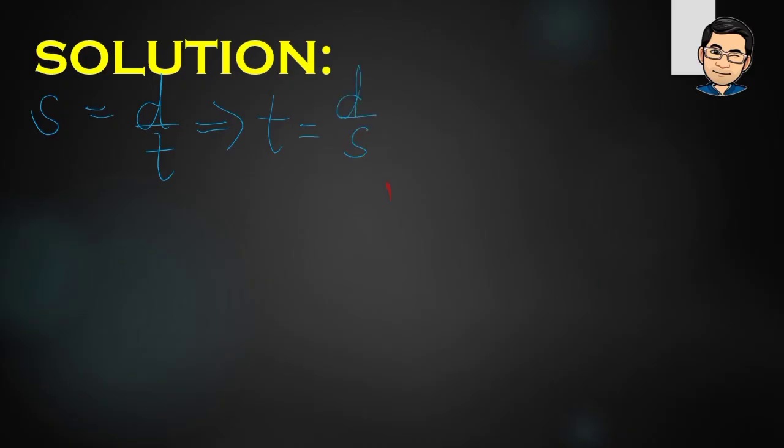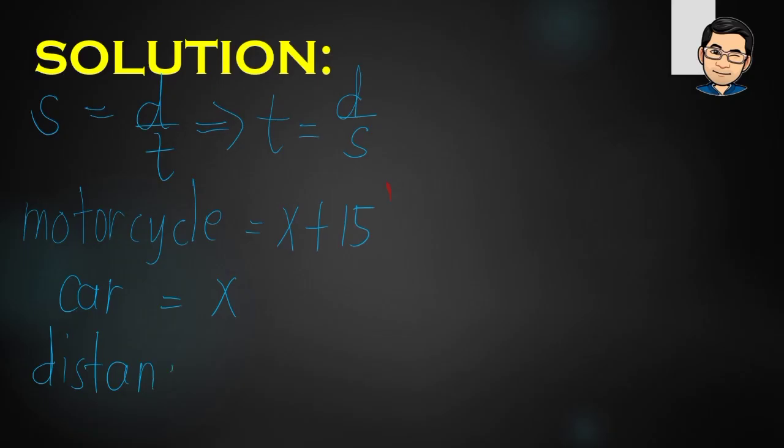Now, in the given problem, the speed of the motorcycle is 15 km per hour faster than the car speed. Yung car naman, let X siya. And then the distance traveled ng dalawang car na to is 60 kilometers. And based din sa problem na sinasabi na yung motorcycle daw, na-cover niya daw yung distance ng 60 kilometer 2 hours less than dun sa kinover naman ng car.